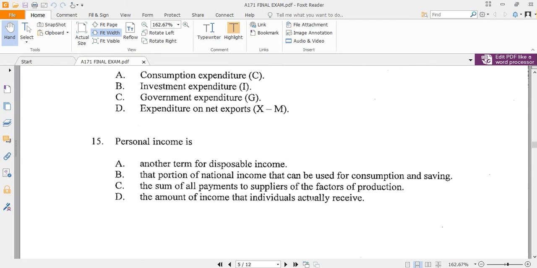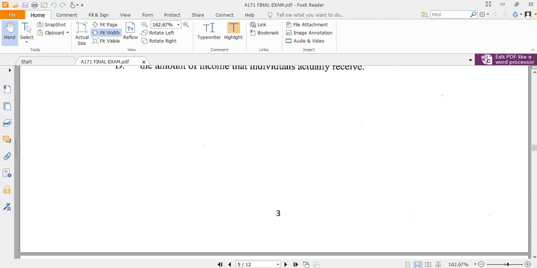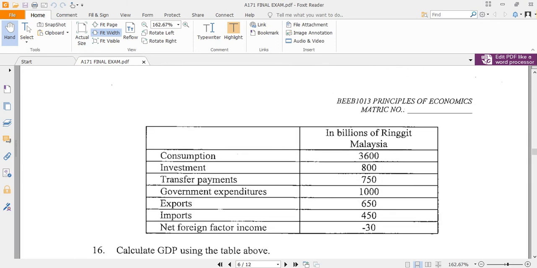Next, personal income. What is personal income? You can get the concept of personal income under the national income approach, under the income approach of GDP. See what the definition for personal income is.